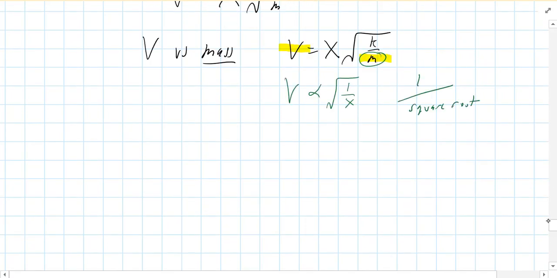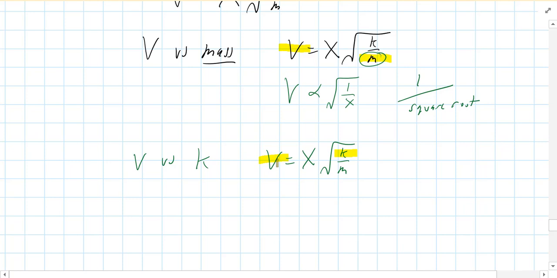The second time around, you did velocity versus spring constant k, okay? So again, let me rewrite the equation we just got. It's x square root of k over m, okay? Well, this time you're only varying k, and that changes v. Now in this case, the bigger k gets, the bigger v gets.